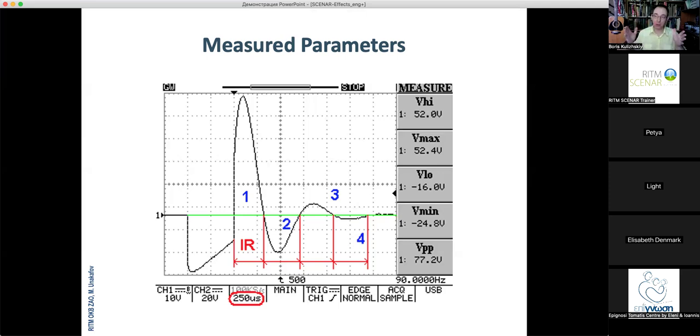But for frequency, we need a full cycle. For the full cycle, we multiply this initial reaction twice. 10 microseconds means a 20 microsecond cycle. It means the scanner device is working with 50 kilohertz.